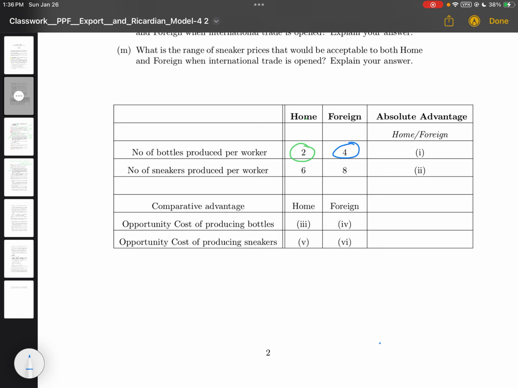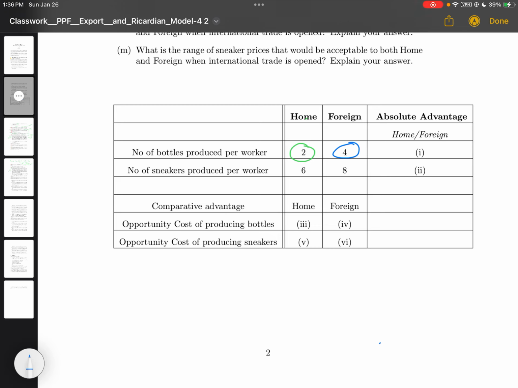Just comparing these two, we can see that a worker in foreign makes 2 extra bottles than a worker in home. This means that foreign has absolute advantage in producing bottles.